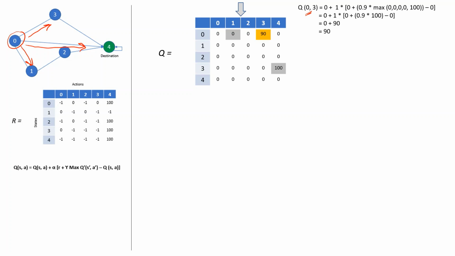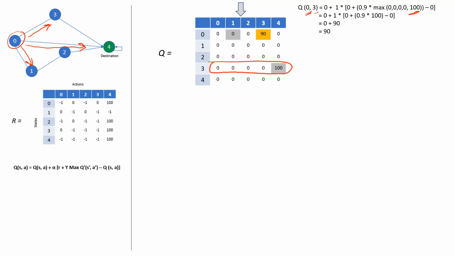So here you can see when we try to get the maximum reward from next action, it will be maximum from this row, which is 100 here.